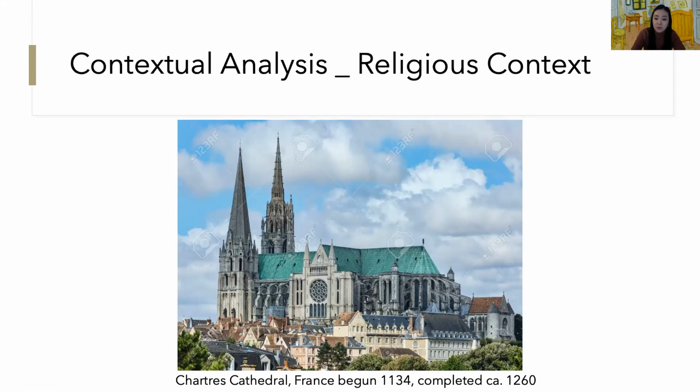So this is one of the famous architecture types in the Middle Ages, which is called Gothic style. So the Gothic style was steered by a powerful French abbot named Suger, who wanted to enlarge and remodel this church, the Abbey Church of Saint Denis near Paris.